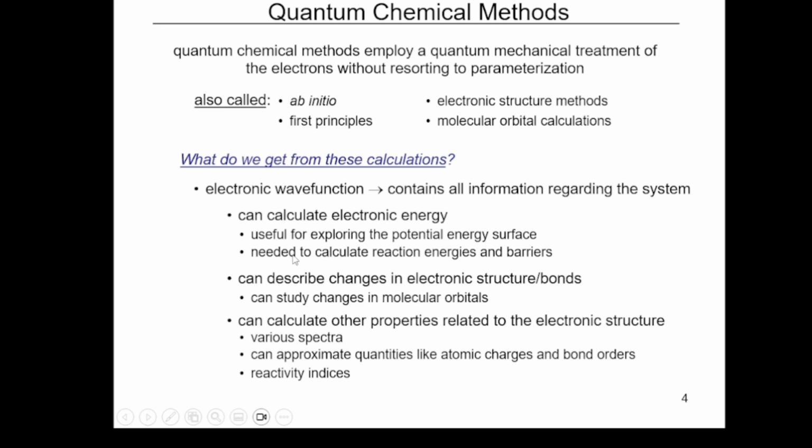Or it is needed to calculate reaction energies and barriers, and we have also seen some examples in this regard. The electronic wave function can describe the changes in electronic structures and bonds, and we can study changes in molecular orbitals. It can also calculate other properties related to electronic structure, such as various spectra. It can approximate quantities like atomic charges, bond orders and reactivity indices.